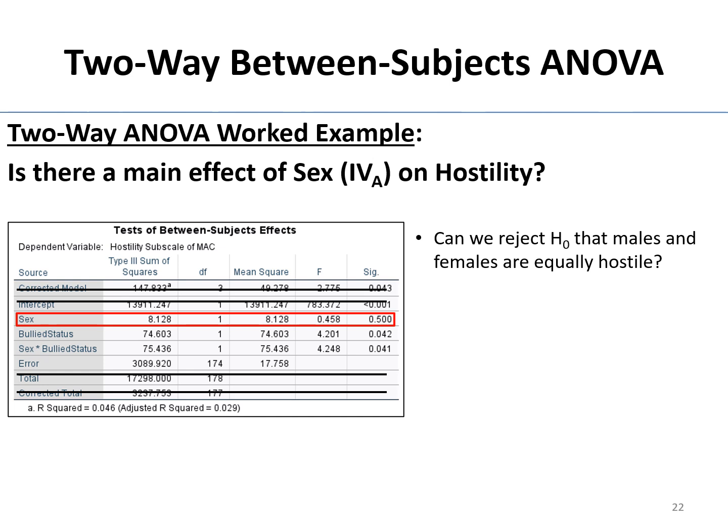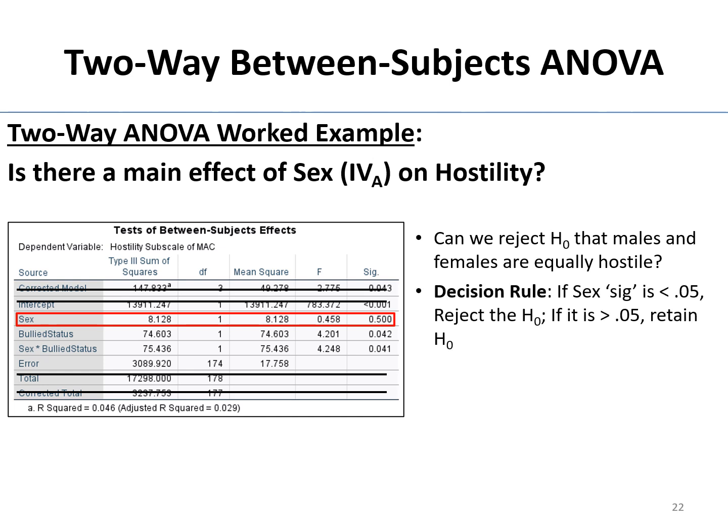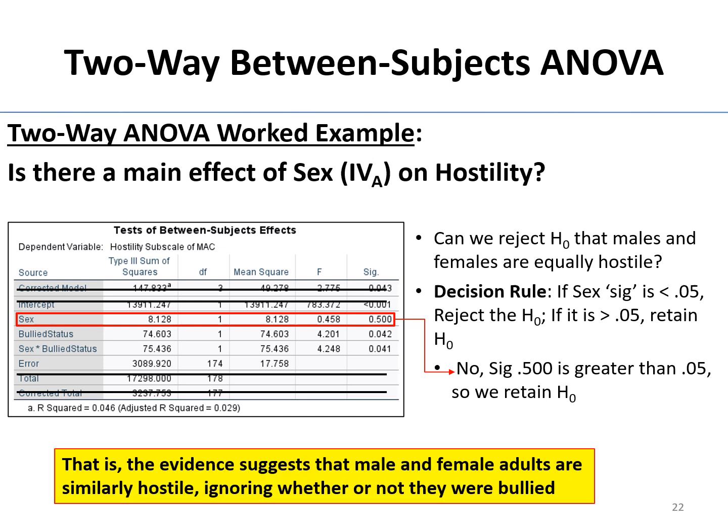And it's the usual thing here. We'll go over and look at SIG. There's our decision rule: if the SIG for sex is less than 0.05, you're going to reject the null. If it's greater than 0.05, you're going to retain the null. Our decision here: 0.5 is basically a coin flip. That's definitely not less than 0.05. So 50% is not less than 5%.